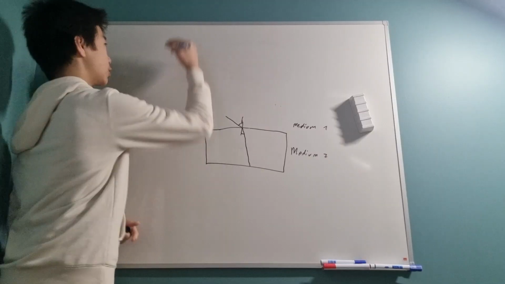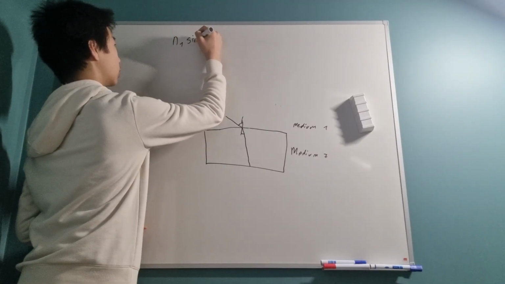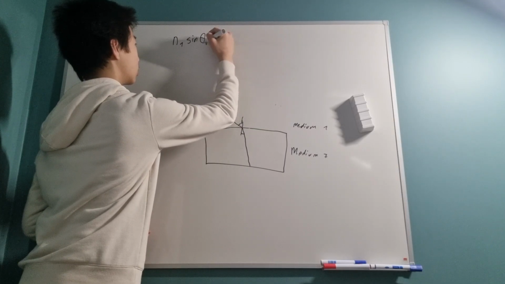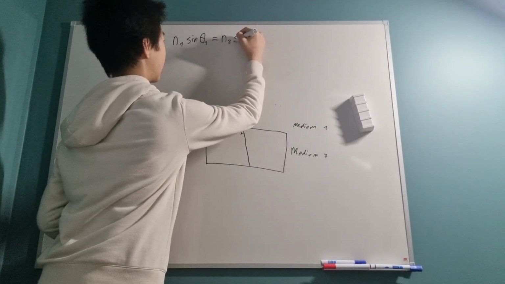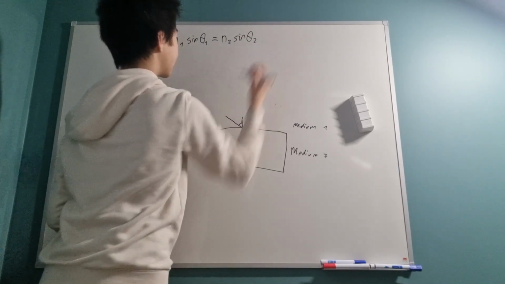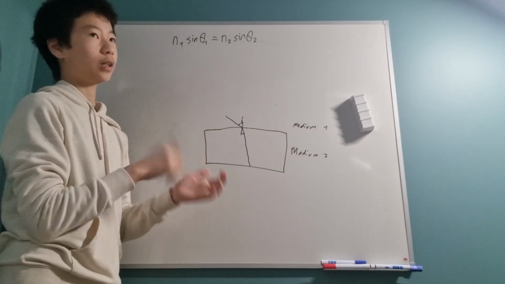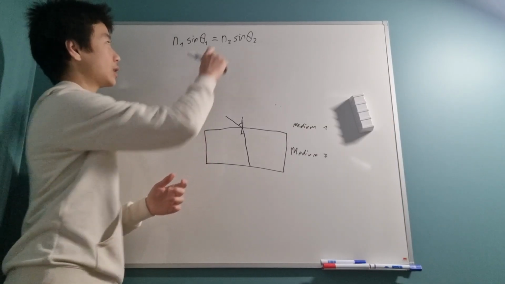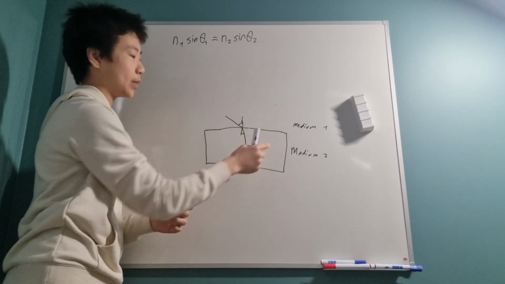How can we rearrange this formula to make it useful? So n1 sine theta 1 equals n2 sine theta 2. If you want to do something in maths, you have to do it on both sides. In this scenario, we do not know what the refractive index of the second medium is.